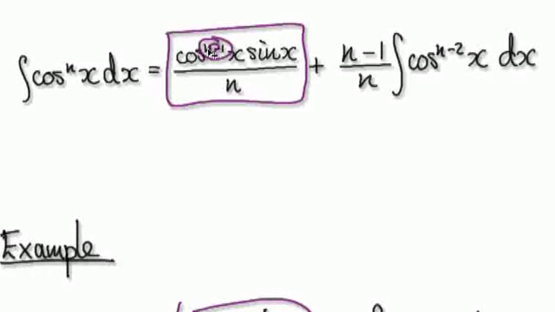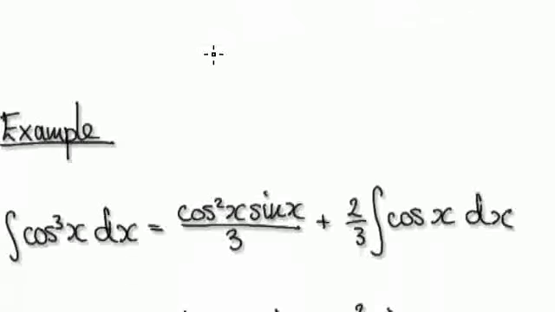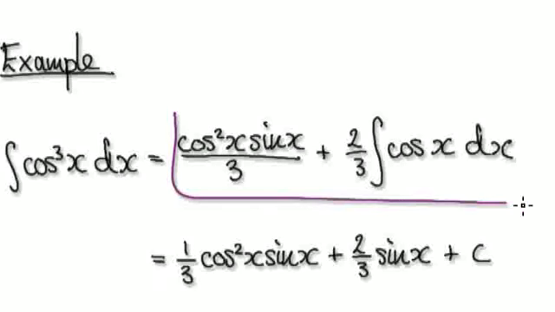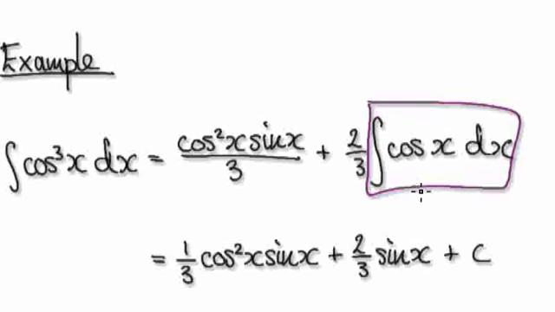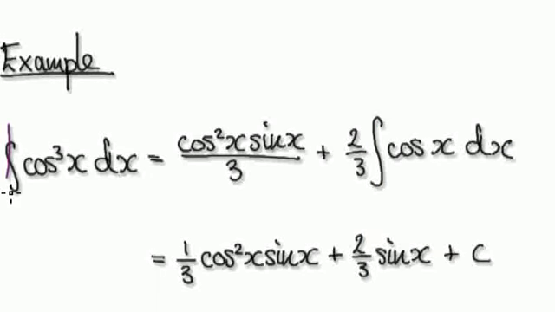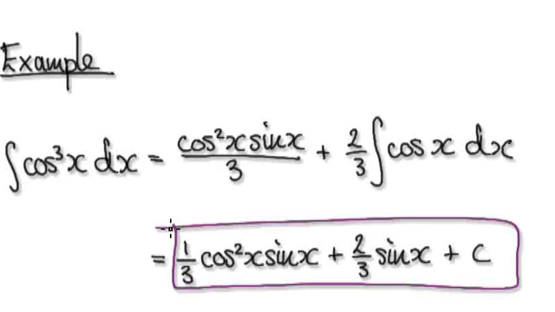In our case, it would be 2. If you follow the formula, it will then give you this. Now you still have to evaluate this. Evaluating this would give you this. So overall, for this example, when it's cos to the power of 3, it will give you this.